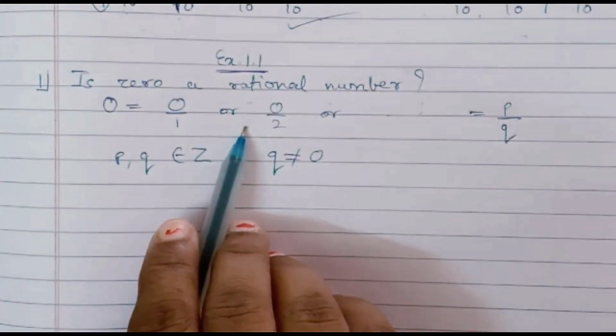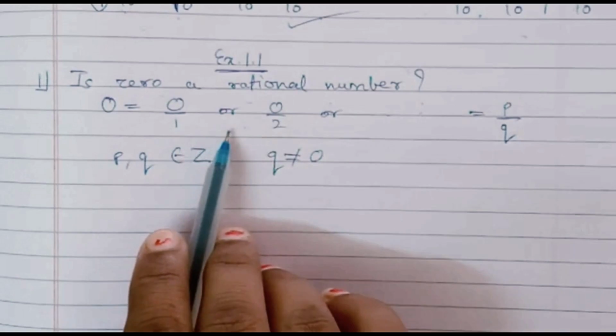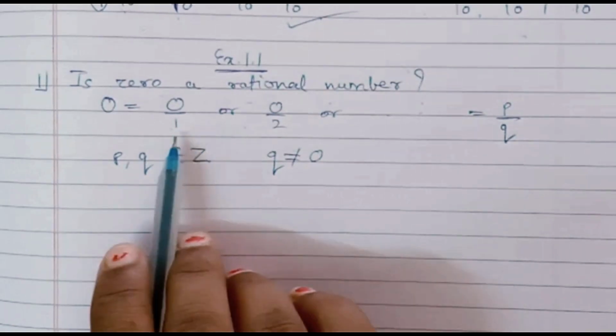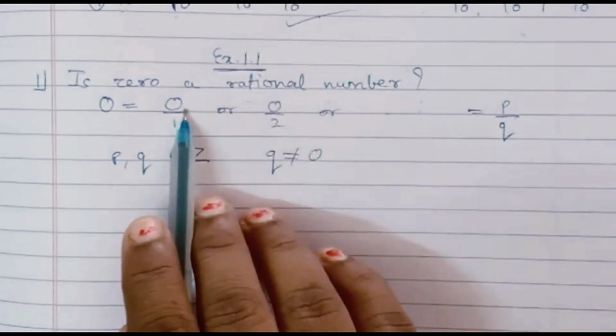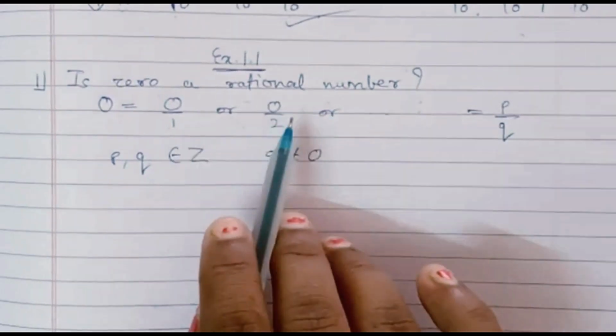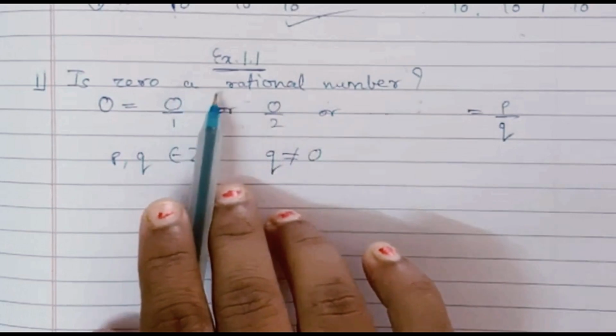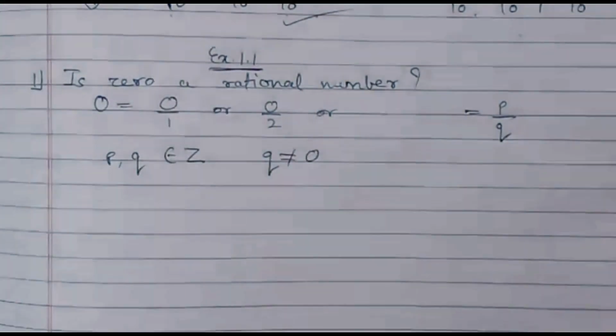So what I told is the same thing, Q can be any number. It's not necessary that it is 1 only, it can be 2, 3, 4 also. So 0 upon 1 is also 0, 0 upon 2 is also 0. So thus 0 is a rational number.